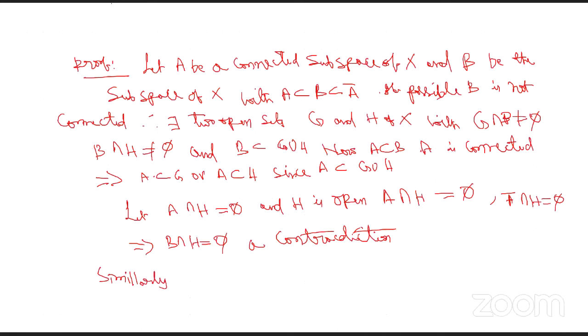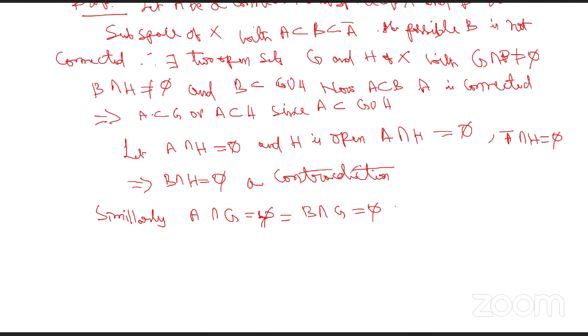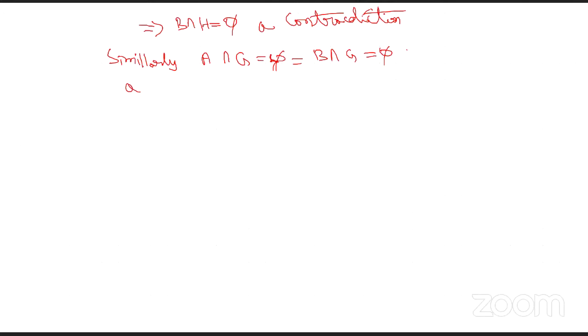A intersection G is null set, so B intersection G is null set. A contradiction.